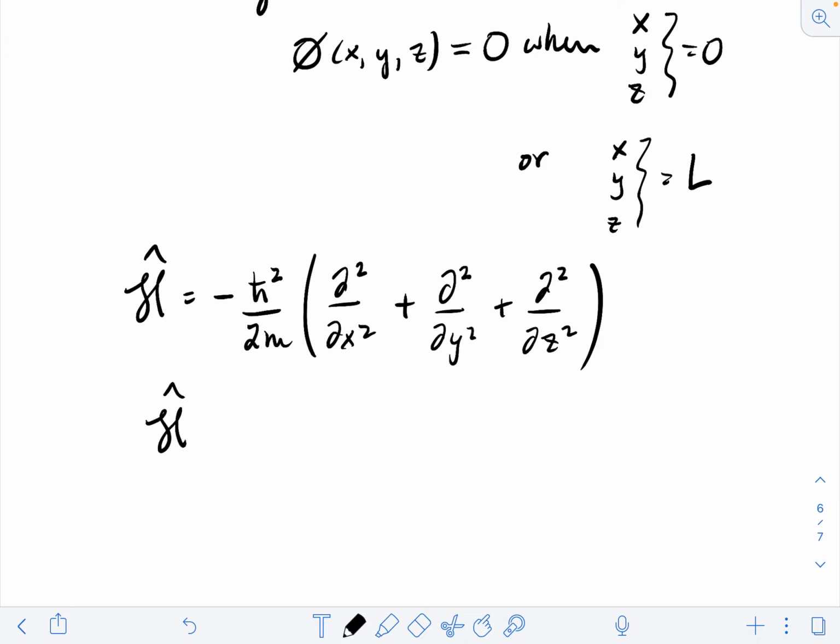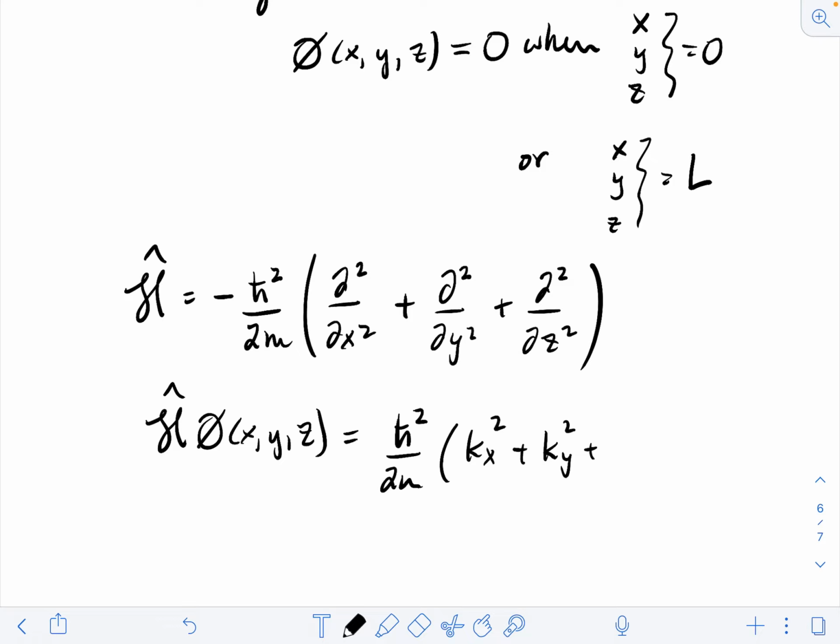If you operate on our 3-dimensional wave function with this Hamiltonian, I'll leave it to you to confirm that what you're going to get is h bar squared over 2m and then you're going to have kx squared plus ky squared plus kz squared.